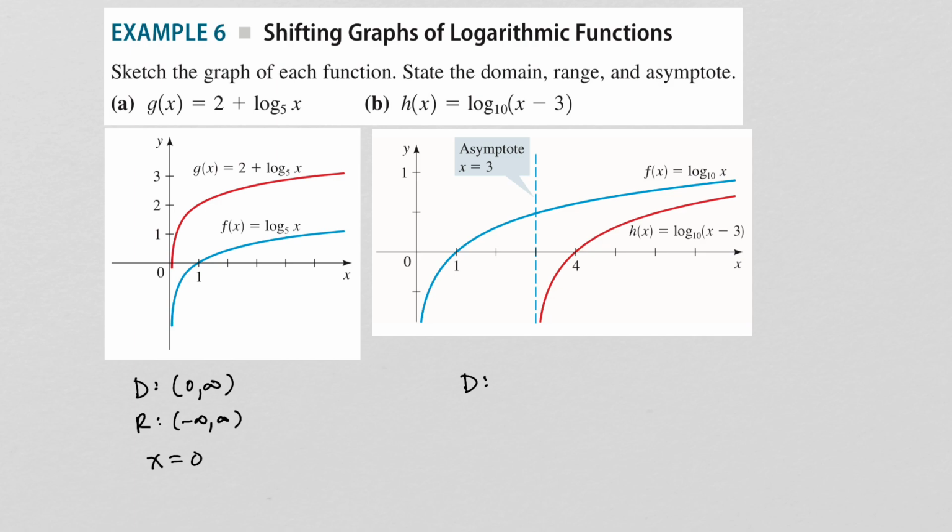So it's going to be from 3 to infinity. The range is still all real numbers, but the asymptote now has been shifted. So the asymptote used to be here, but that got shifted 3 units to the right. So now that asymptote is right here. And so the asymptote now is at x equals 3.